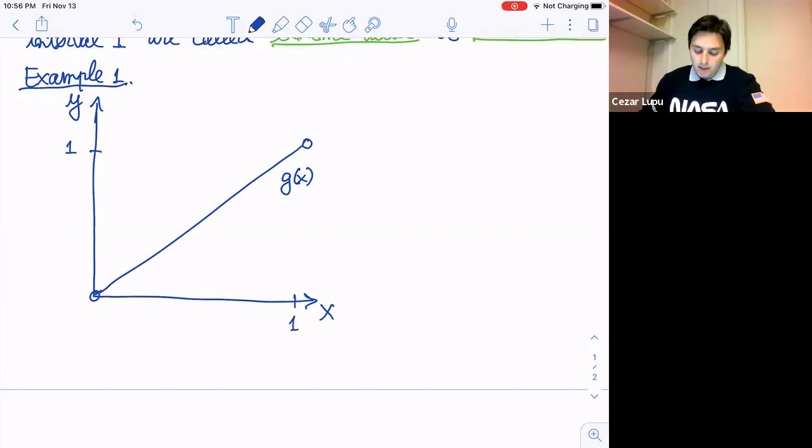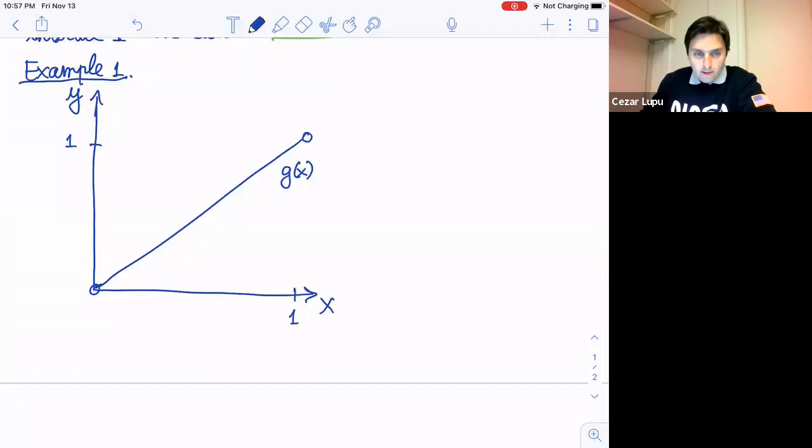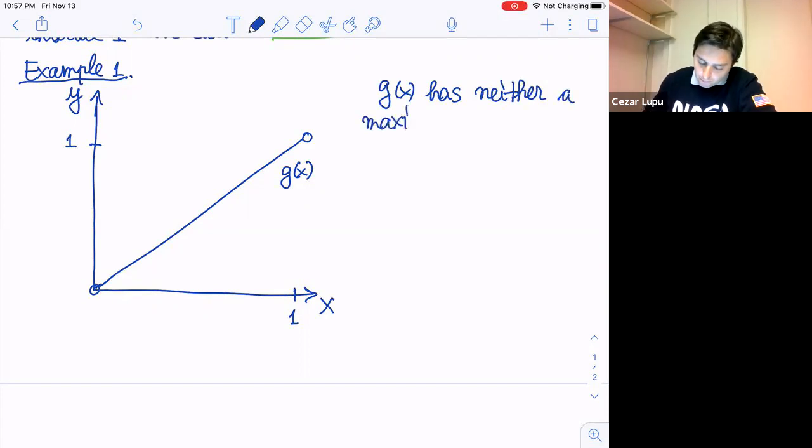Well, as you can see in this graph, clearly g of x has neither a maximum nor a minimum. Simply put, it is not possible to find a minimum or a maximum y value, as you can clearly see.